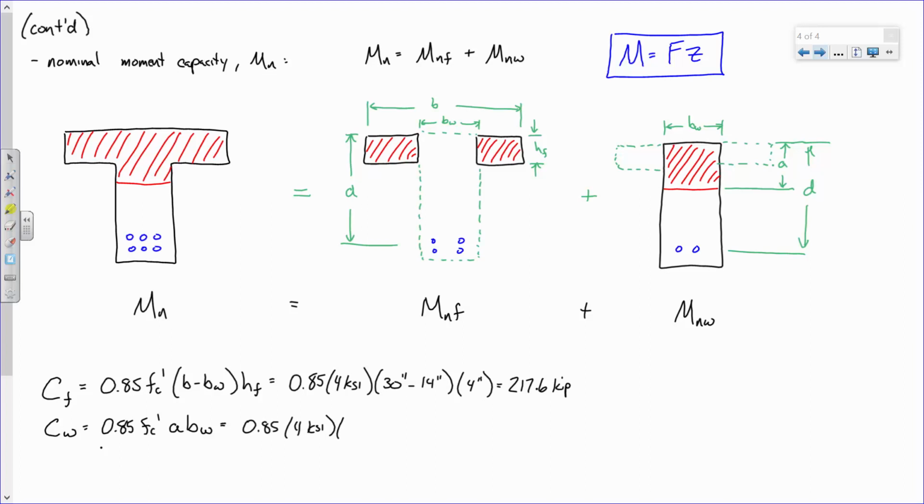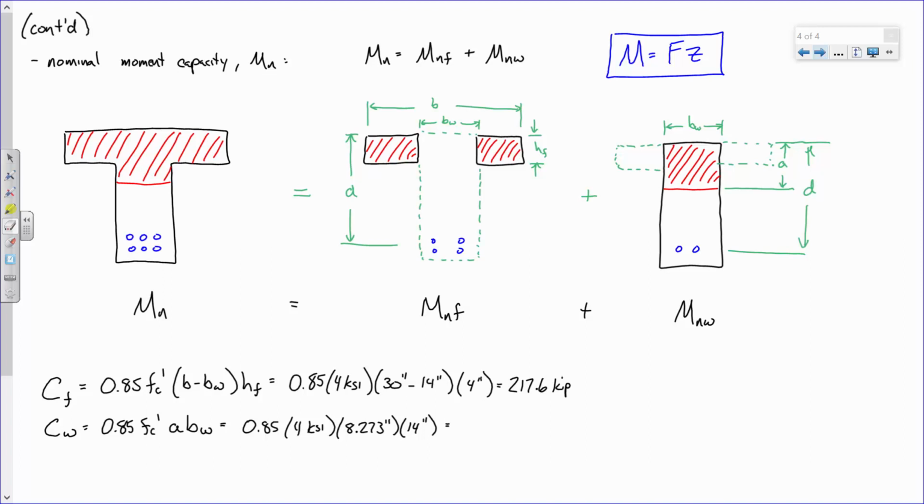What was A again? And BW is 14 inches. And so what does that come up to? 393.8. Do I have a second on that?